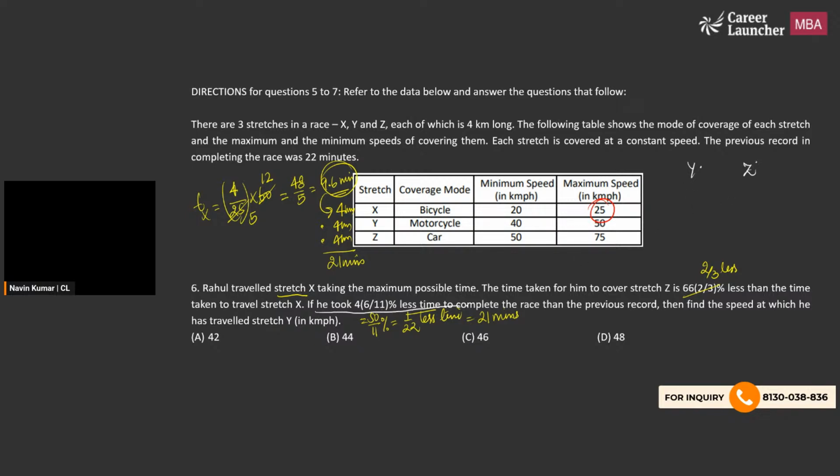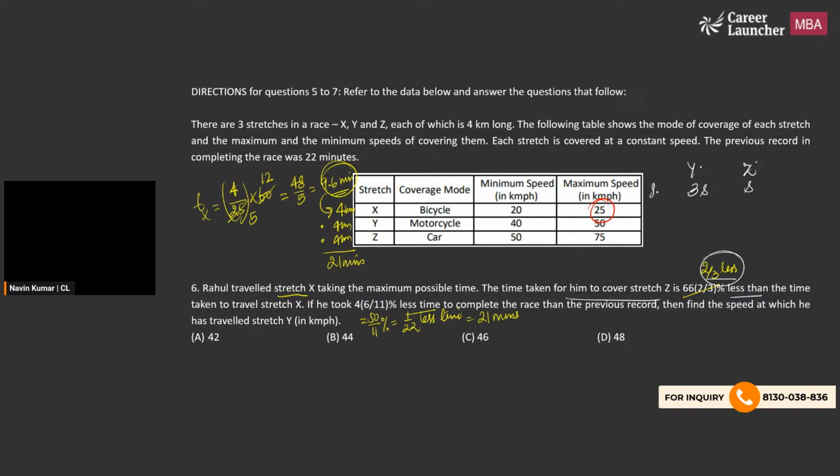So if we talk about stretch Y and stretch Z, his speed for stretch Z is this much less. So for Y, if the speed was 3S, for Z the speed is going to be S, 2/3 less.